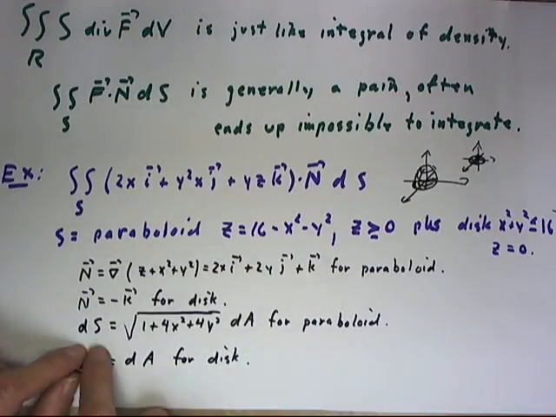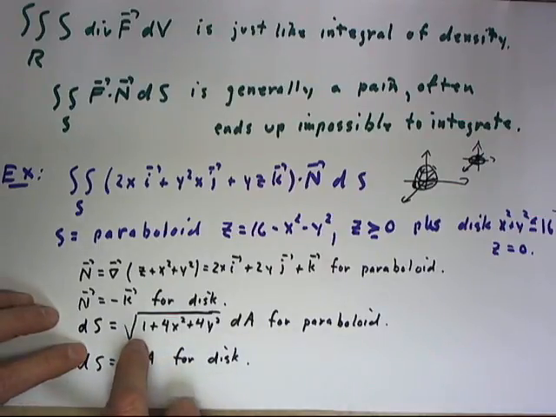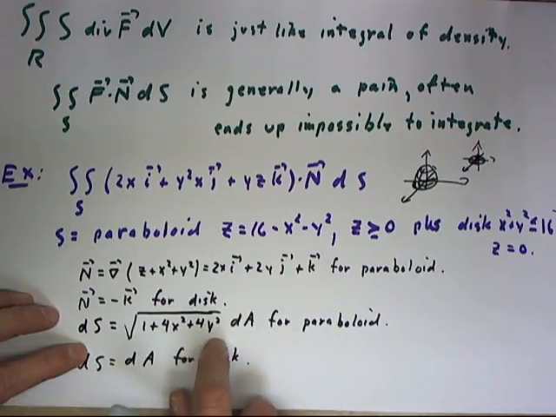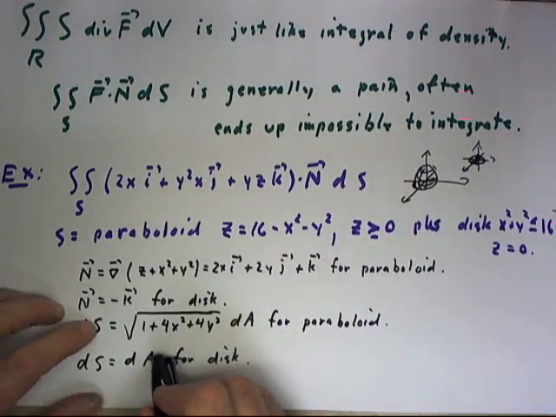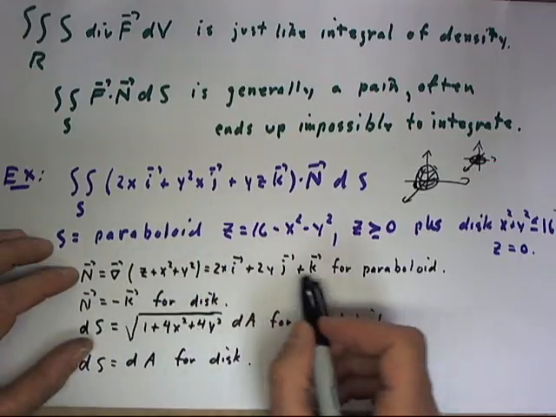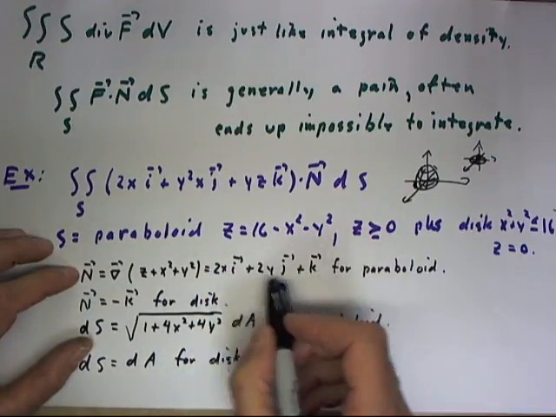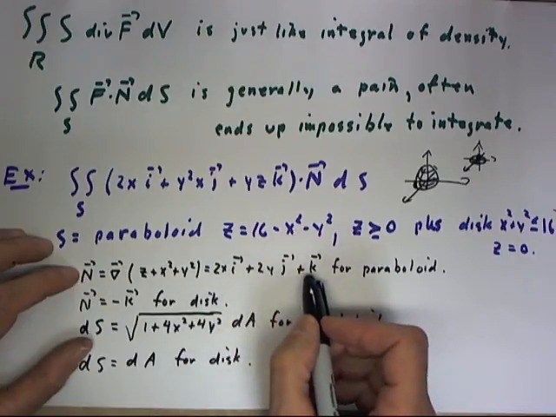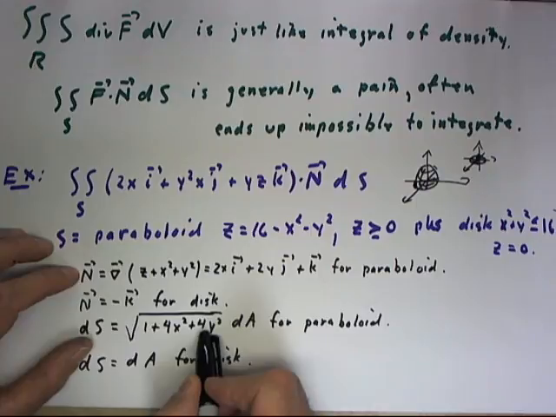The area increment for the paraboloid is easily verified to be the square root of 1 plus 4x squared plus 4y squared. Recall we get that by just doing the normal vector dotted with k divided by the magnitude of the normal vector. The magnitude of the normal vector is the square root of 1 plus the square of 2y plus the square of 2x, which is this.